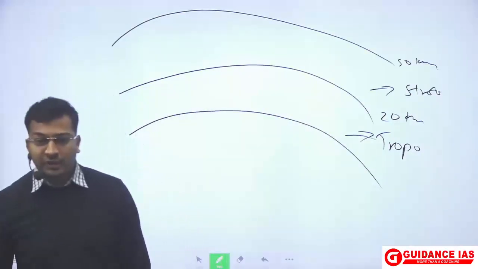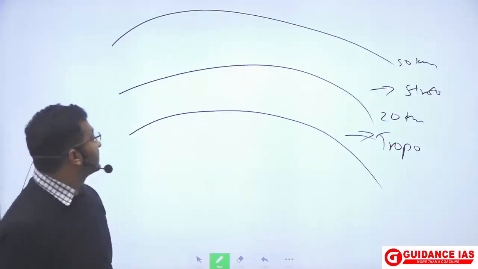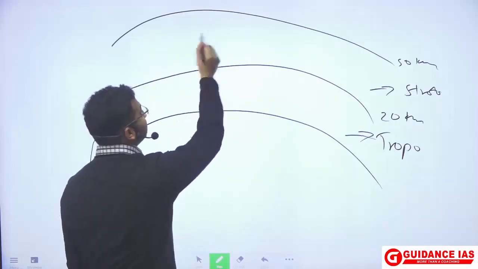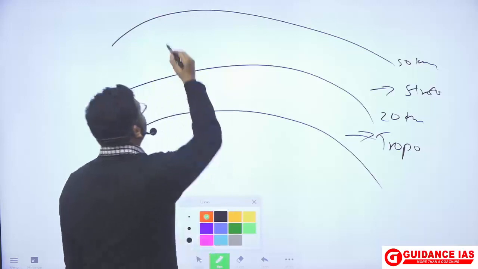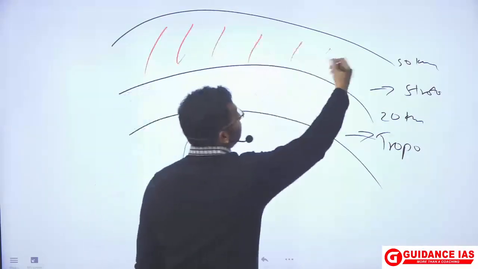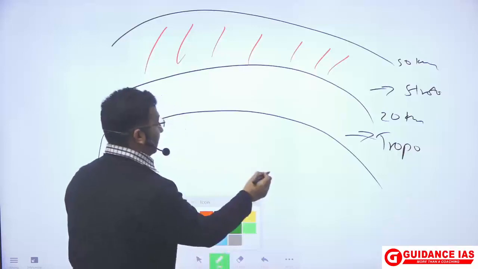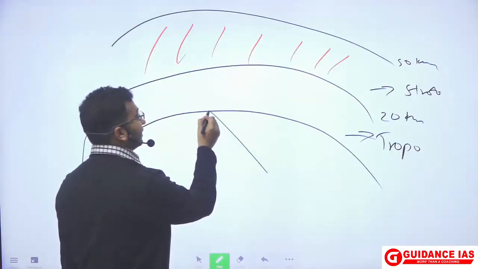In the stratosphere, due to the presence of the ozone layer, there is absorption of UV light, and as a result, the entire portion in the stratosphere gets heated. So as you move higher, the temperature goes on decreasing up to the troposphere.